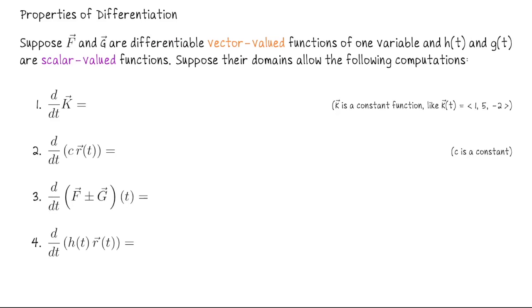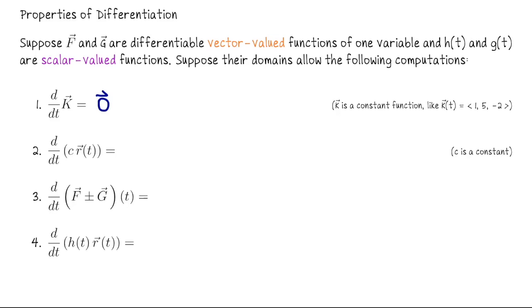If I want to differentiate a vector valued function which is actually a constant function, so imagine here this vector k is just the constant vector 1, 5, negative 2, then its derivative is 0. Shouldn't be too surprising.